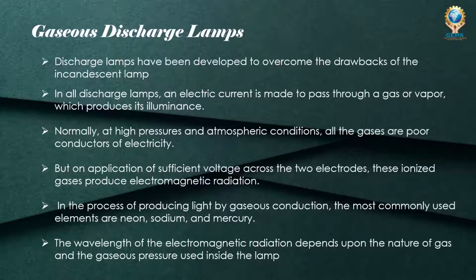For that, in the gas discharge lamps, we are using these elements: neon, sodium, mercury. These are the gases we are using. The wavelength of the electromagnetic radiation depends upon the nature of the gas and the gaseous pressure inside the lamp.